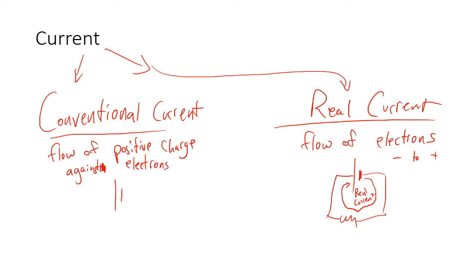So if electrons are flowing one way, that's the same thing as having positive charge flow the other way. So the conventional current is going to go the opposite direction. Doesn't that sound fun? All right.